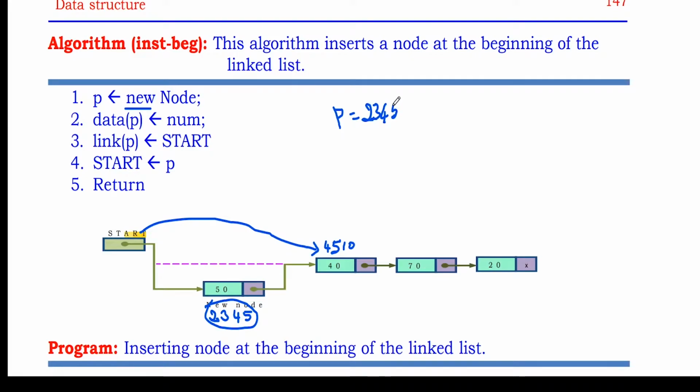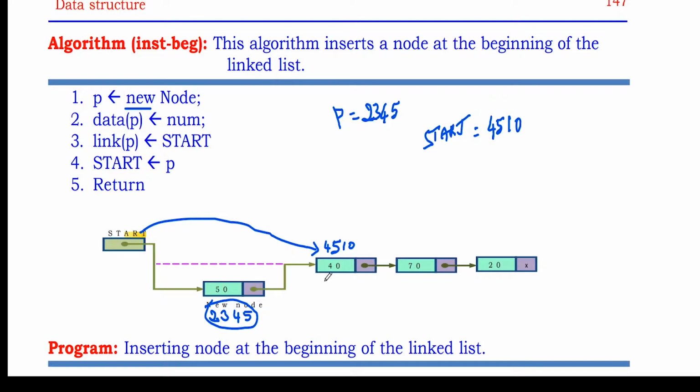So before this step, you created a new node, and I filled data for this, 150, and then the link field of start. So what was start earlier, before this? Let me write. Start was 4510.